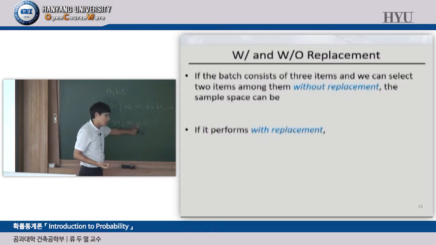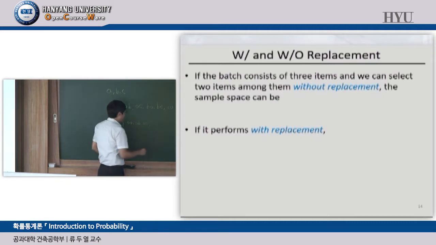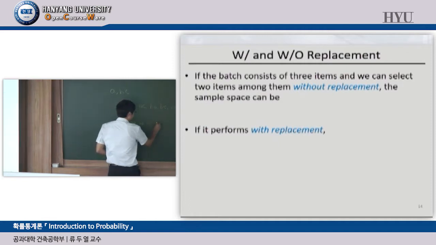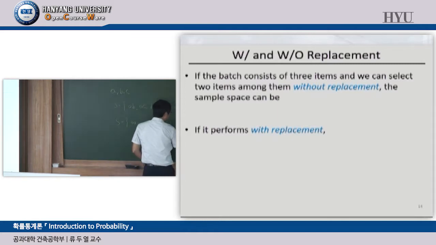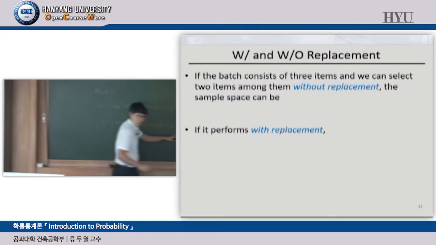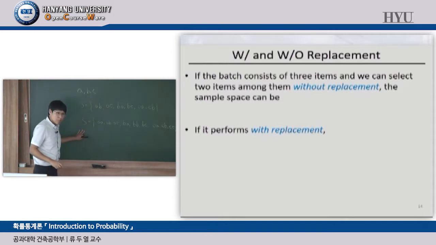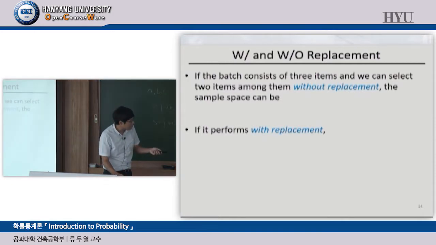And we can select the B item, also the C item at the second time. And what about in the case that we select the B item at the first time? That will be BA, BB, BC, right? And in the case that we select the C item at the first time, the items will be as follows. So this is the sample space for the second case with replacement.